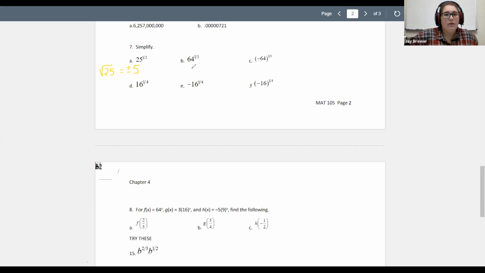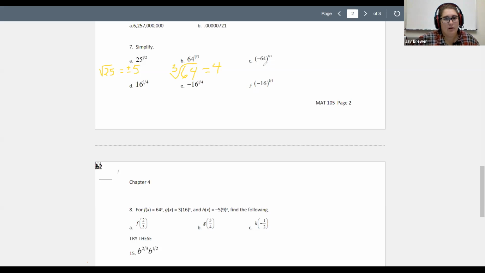You will have to have your signs matching up. So that leads us to 64 to 1/3 would be the cubed root of 64. And that answer is what? +4. Very good. Okay. You cannot say that it is plus or minus 4 there because -4 to the cubed power will be a -64, not a positive.